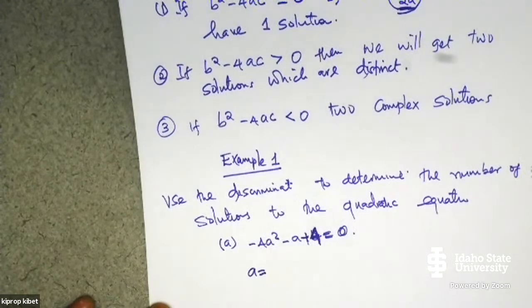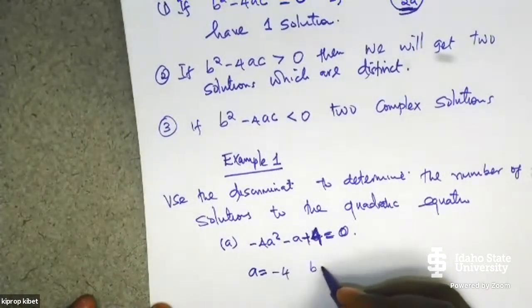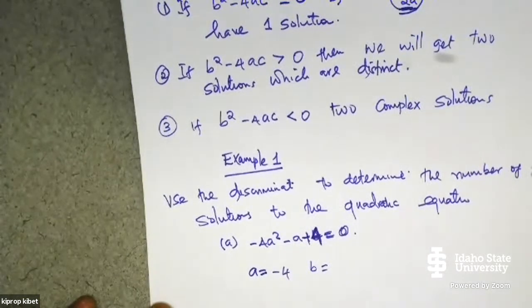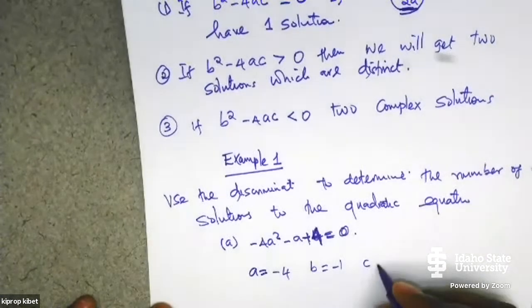Our a is 1. No, our a is -4. What is our b? -1. What is our c? 4.